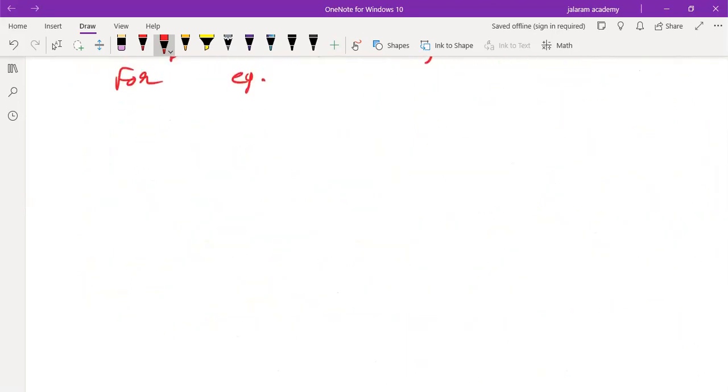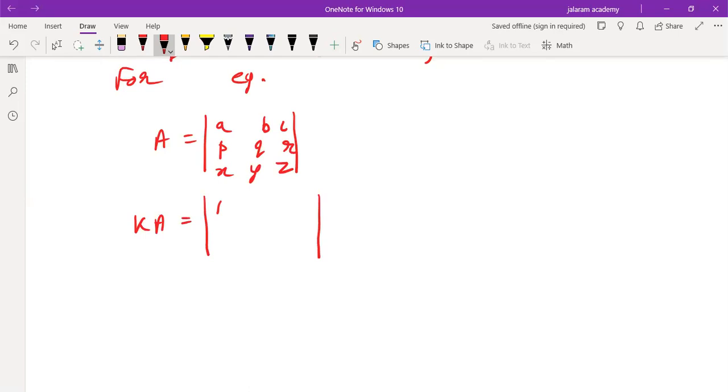But in case of a determinant, like if we write a determinant with entries A, B, C, P, Q, R, X, Y, Z, and we multiply it by K, K can be multiplied to the first row, like KA, KB, KC only, and this P, Q, R remains as it is.